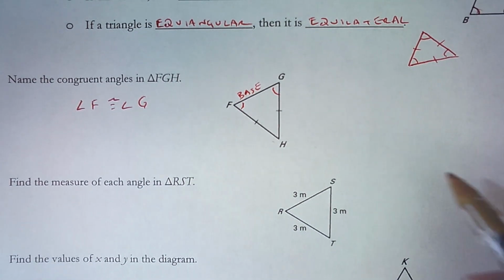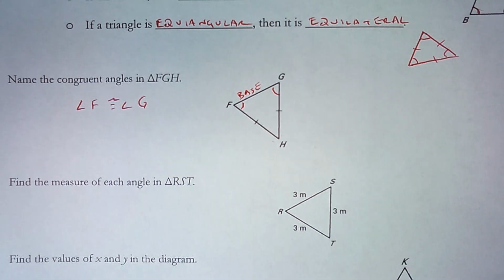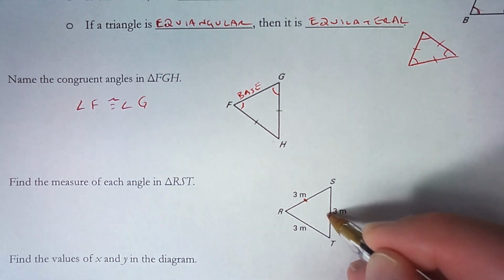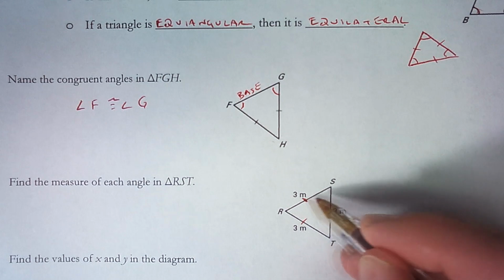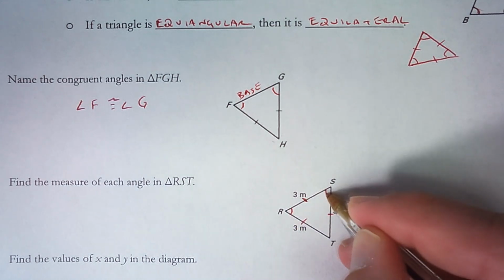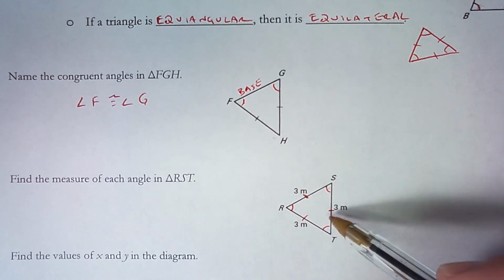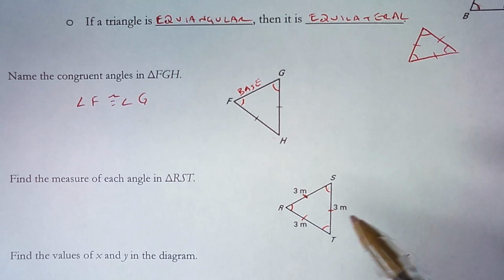Find the measure of each angle of triangle RST. Okay, so the clues we have are that all three sides are 3 meters long. So these three sides are congruent. So this is an equilateral triangle, which means it is also equiangular. Now we learned in our last lesson that these three angles have to add up to 180 degrees.